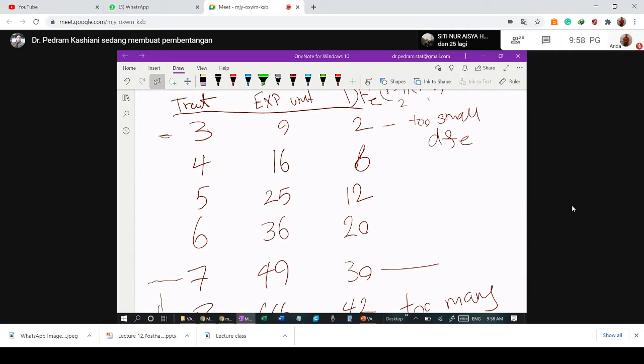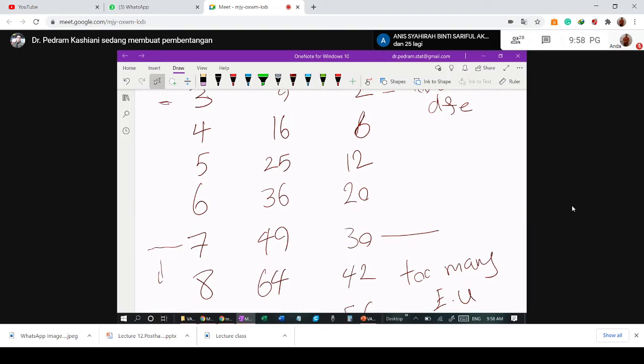When degrees of freedom for the error is small, automatically variance of error became big, because variance is MS. MS is calculated based on SS divided by DF. When my DF of error is very small, my variance of error became big. That's why most of the papers that do Latin square are from 3. Maybe I also sometimes see 7. But 7 is still 49 experimental units you have to have.